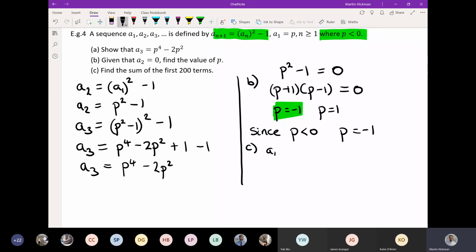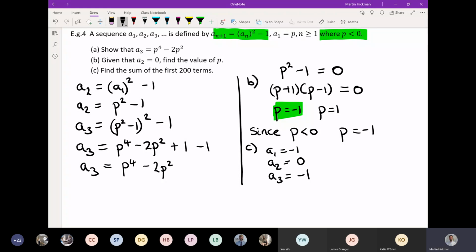So we know A1 is -1, A2 is 0. What would A3 be? Don't worry about finding the sum of the series. Can anyone tell me what A3 is? So A3 is -1.